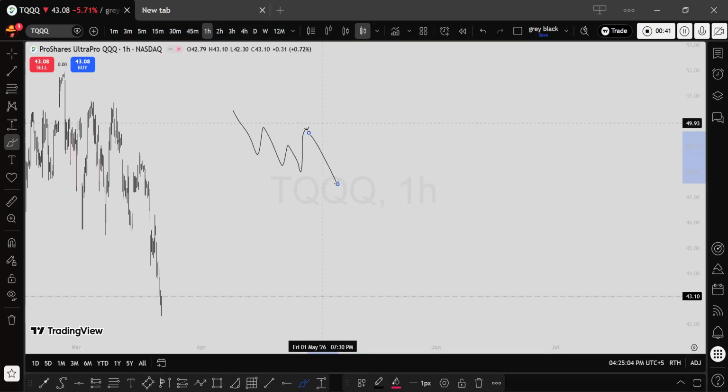This fake out triggers a lot of losses for the other traders. Those who buy here will get their SLs triggered by the market. This is called a liquidity sweep.